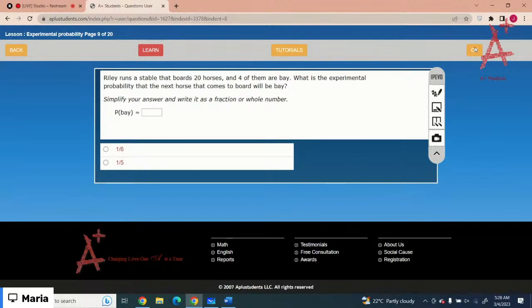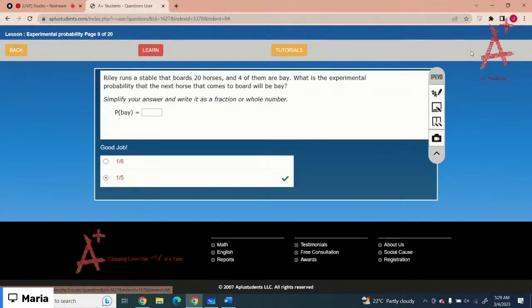Yes, it is 4 over 20, and 4 over 20 equals 1 over 5. Got it? You have to simplify the answer, so it would be simplified to 1 by 5.